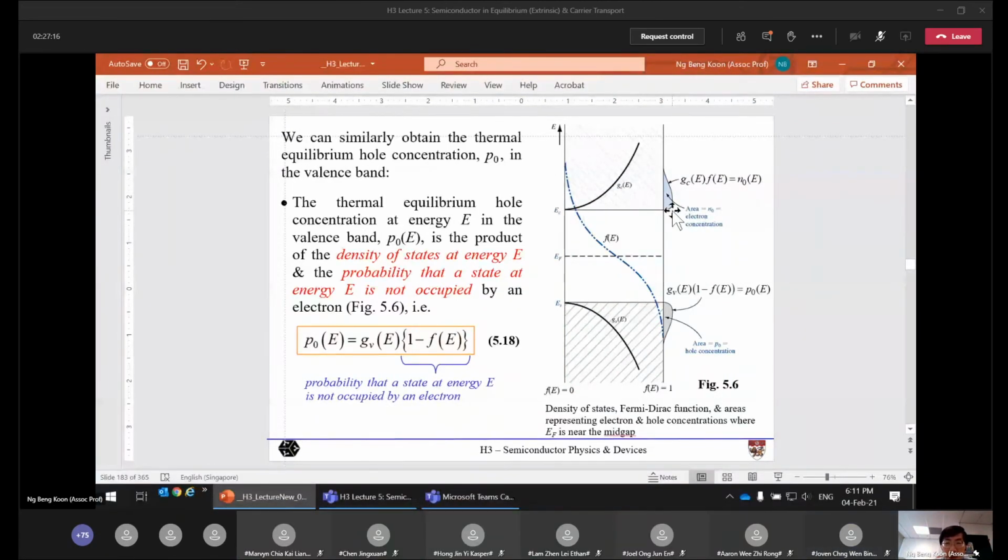If it's the distribution of electrons at different energy levels, that's N0 bracket E. And in the case of our consideration, usually we're not interested in which electron is at what energy level. What we are concerned with is how many are in the conduction band. That's why we have to find the area under the curve. Oh, I see. Thank you.